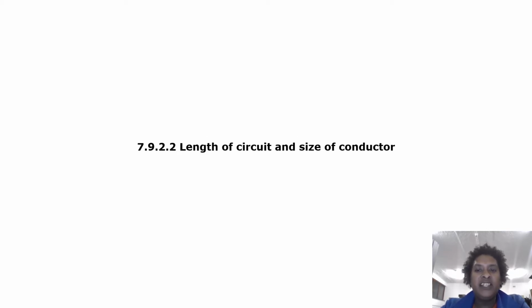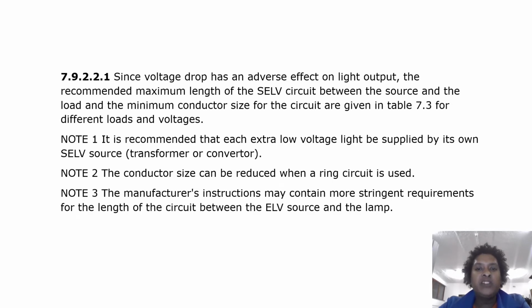Length of circuit and size of conductor. Since voltage drop has an adverse effect on light output, the recommended maximum length of the SELV circuit between the source and the load and the minimum conductor size for the circuit are given in table 7.3 for different loads and voltages.